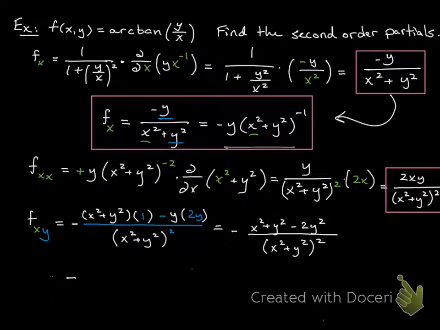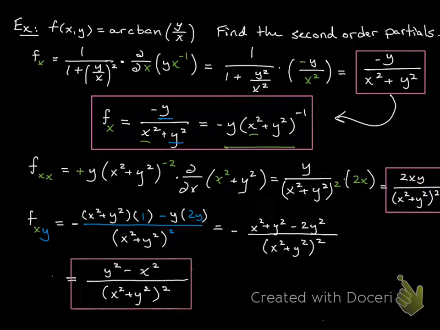If I bring the minus sign in, I can change the order. The y squared would be negative, multiplied by a -1, it'll make it positive in the numerator, y squared, then minus x squared. Like I said, things are a little tricky at first when we're taking second order partials especially, but as you do more examples and more practice, they should work themselves out.